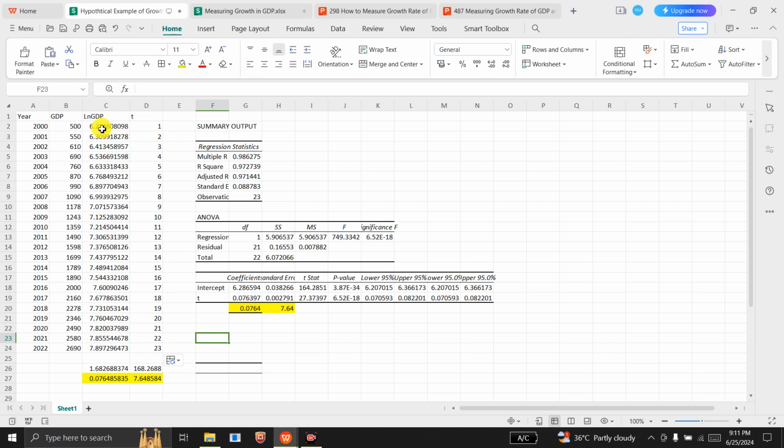So I'll be regressing this on this, and if I do that, this is my output for regression, and the coefficient of t is equal to 0.07639.